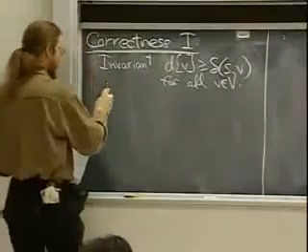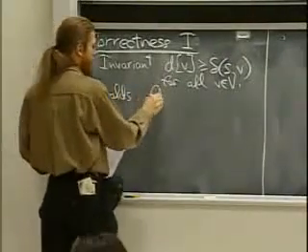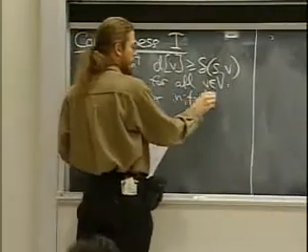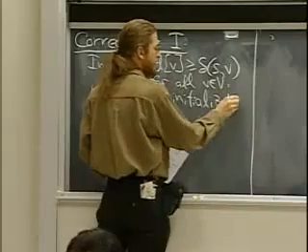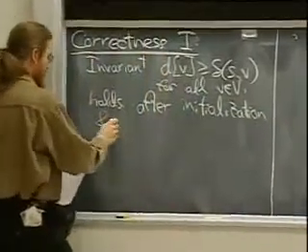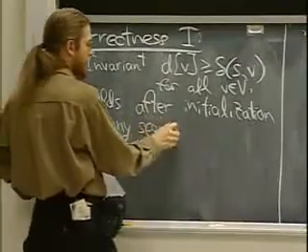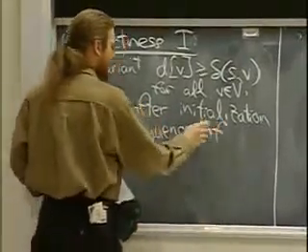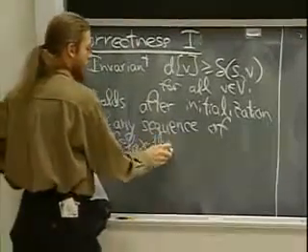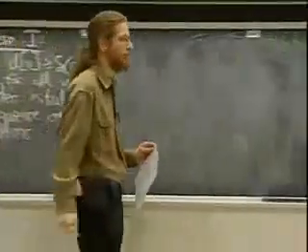And this invariant holds at all times. So after initialization, it doesn't hold before initialization because d isn't defined then. But if you do this initialization where you set s to 0 and everyone else to infinity, and you take any sequence of relaxation steps, then this invariant will hold after each relaxation step you apply.